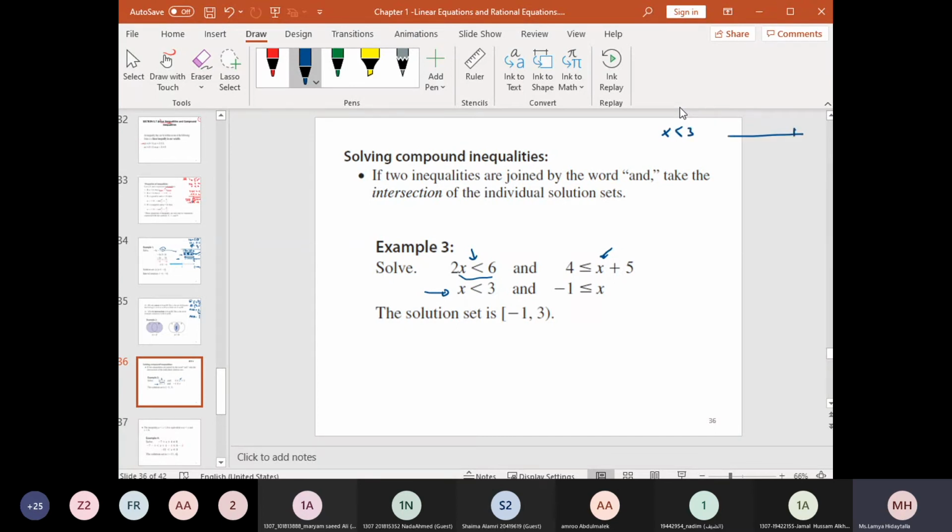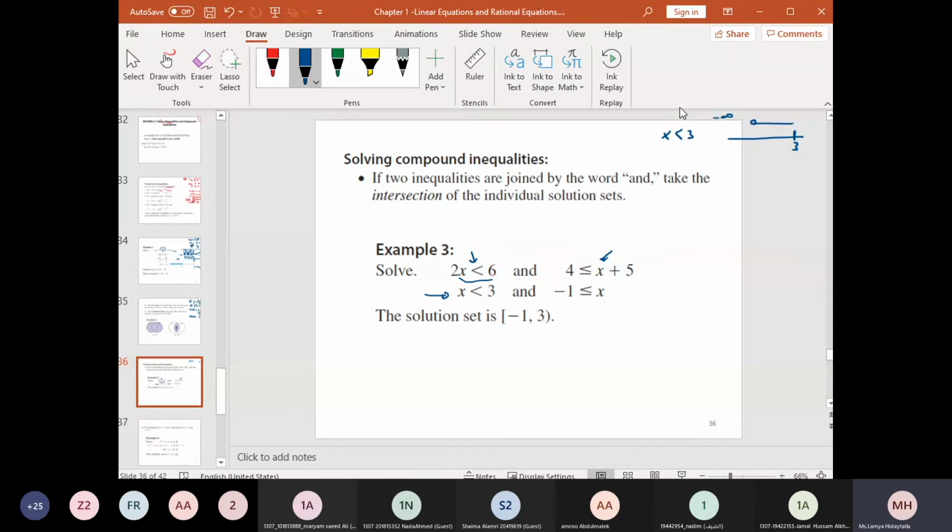So if this is 3, then from 3 going up to minus infinity, right? So the solution in this case is the elements from minus infinity up to 3. Now we come to the second one. This is minus 1 less than or equal to x, or x greater than or equal to minus 1.